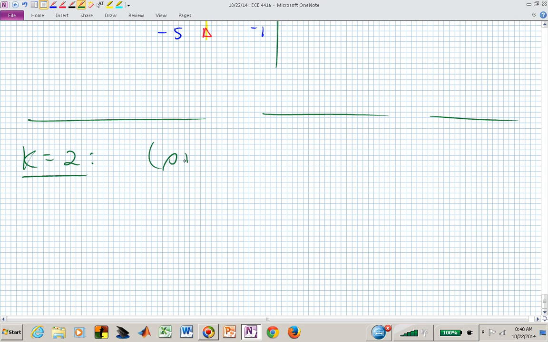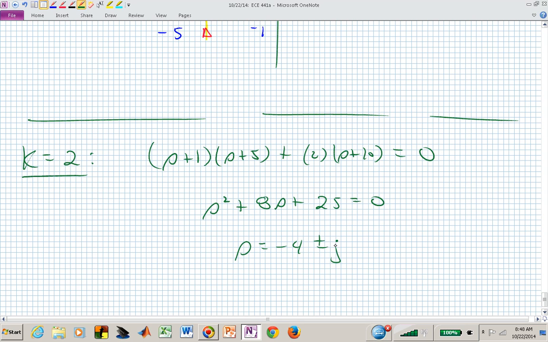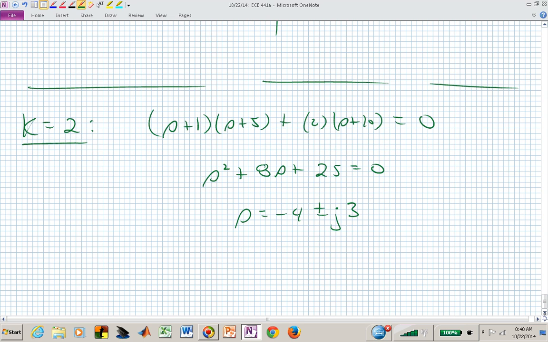Now we have s plus 1, s plus 5, plus 2 times s plus 10. Let me just give you the answer. This is now s squared plus 8s plus 5 plus 20, 25. So that this is now s equal to minus 4 plus and minus j 3.